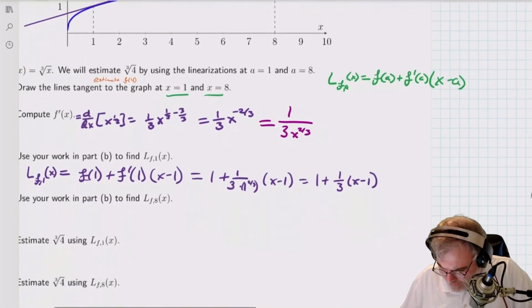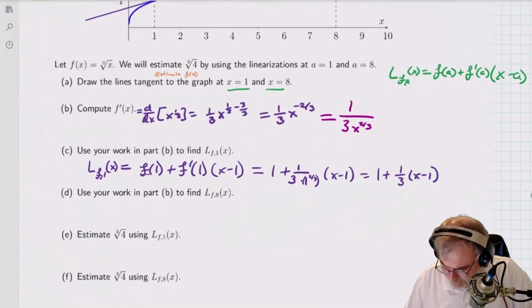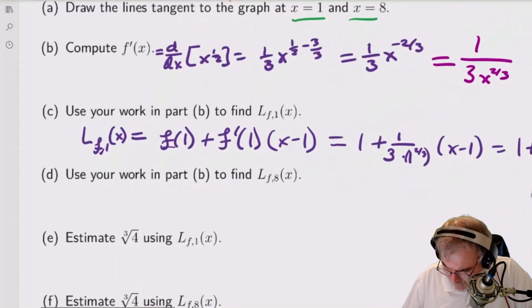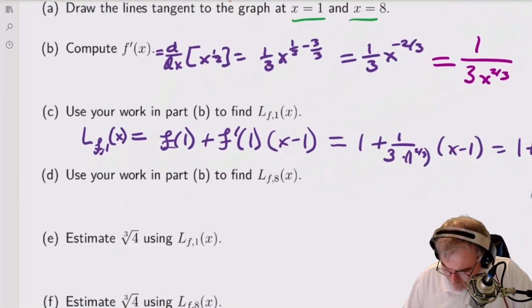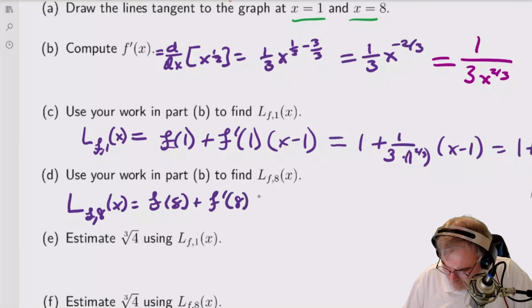For the other one, sorry, the pen is really bugging me. L8 of x equals f of 8 plus f prime of 8 times x minus 8.